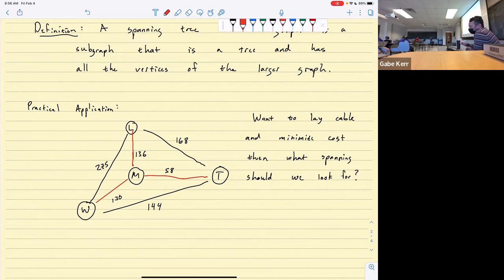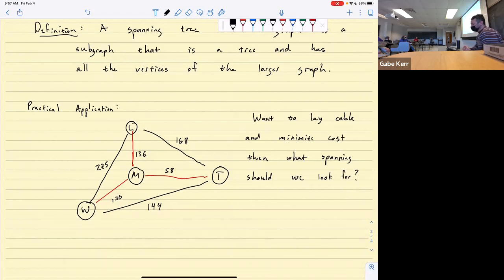So here what we can see is why we are convinced that this is definitely the best we can do. We know we need 3 edges, right? Because trees with 4 vertices have 3 edges. So why is this the best tree for sure? Because it's the lowest number. If we look at the edges here, these 3 edges have the smallest numbers out of all 6 edges, right? So we're not going to be able to do better than this. If we took any other edge, we'd have a bigger number.